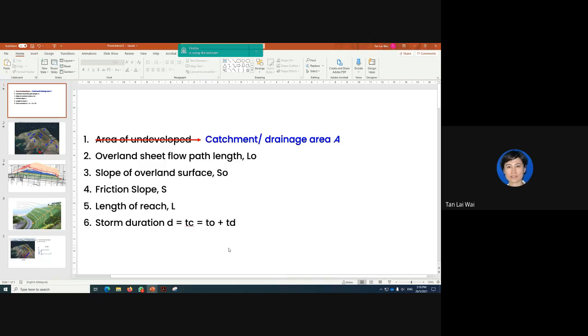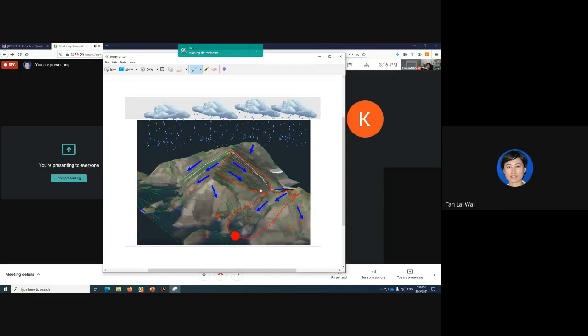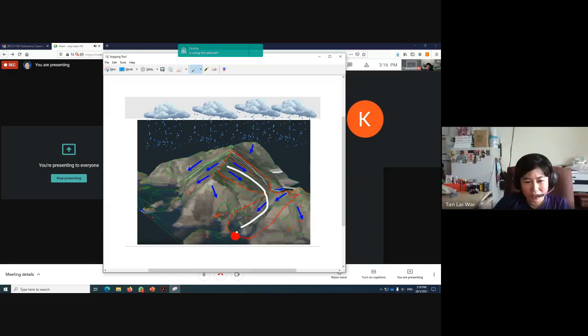Agree, guys? It doesn't matter, but because this one, I think I show you the concept of why you need to find Tc, right? Agree? Because it's the time taken for all the flow to concentrate at the outlet. Yes. So if you agree, okay.